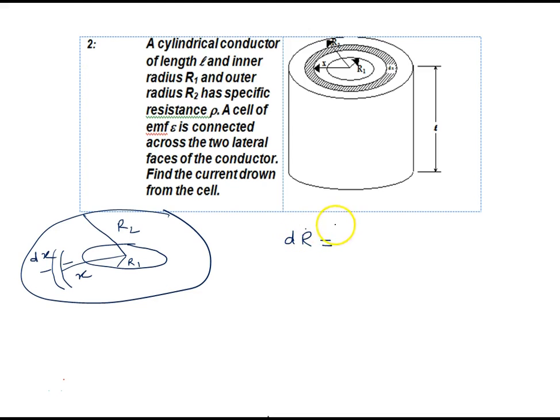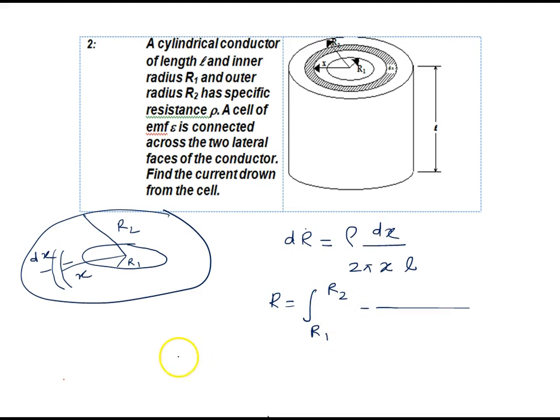So I will say rho L. What is the length of this elemental part? dx. And the cross section area, you will say 2 pi x into L. Now I will integrate. The limit of x will be taken from R1 to R2.